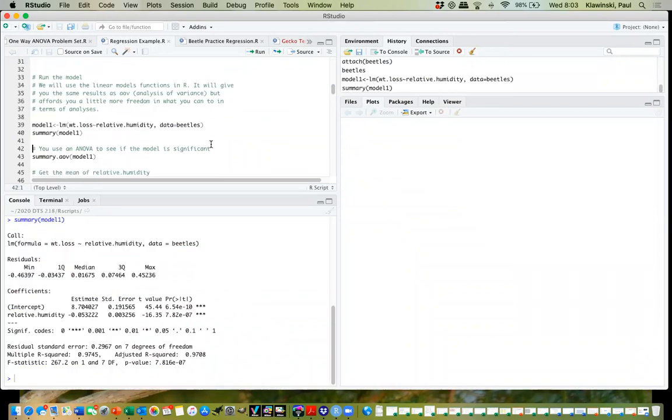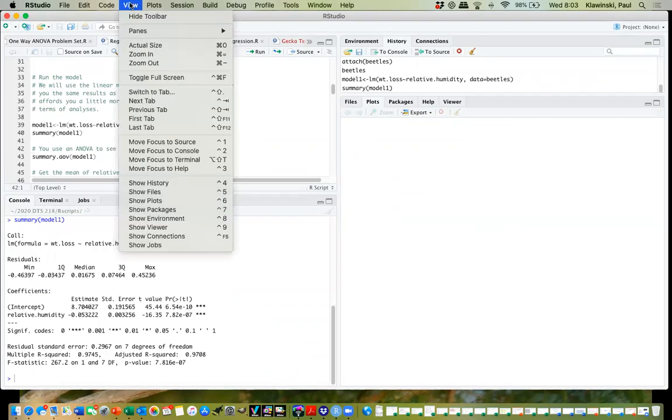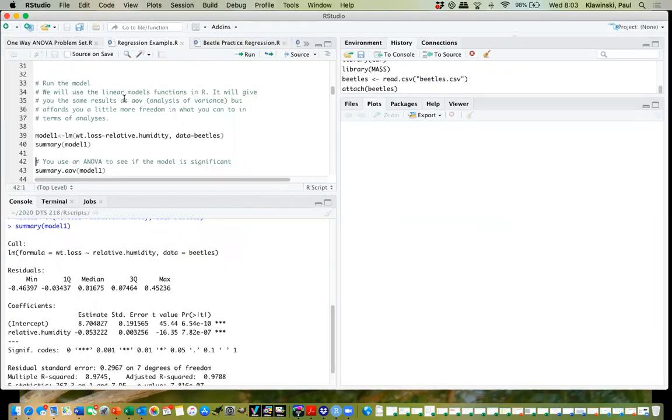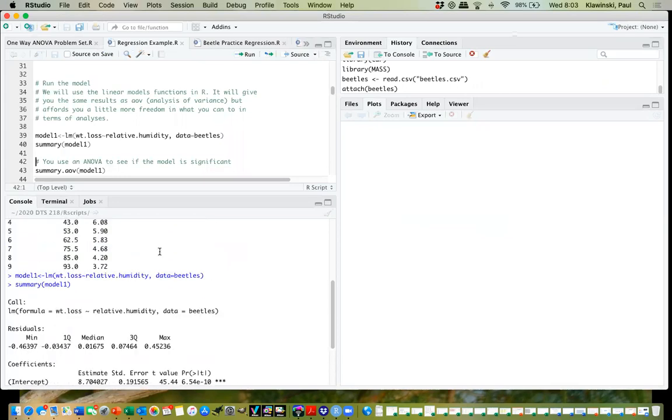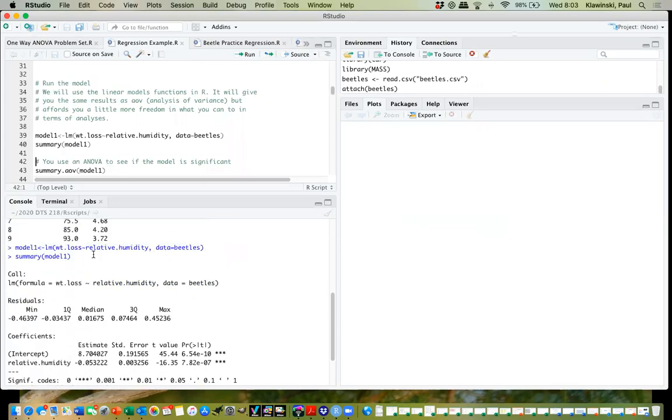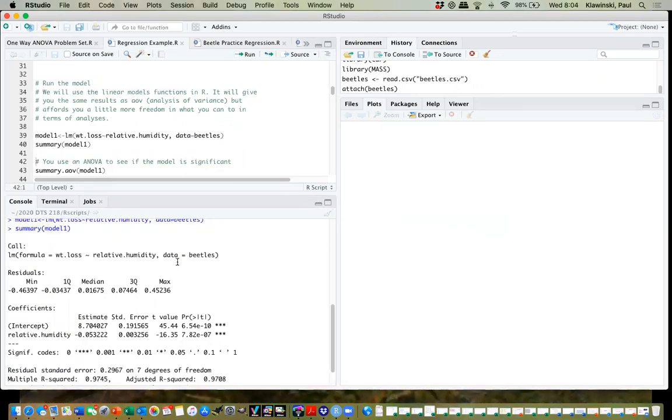I want you to pay attention to a couple of things. We've already seen this. Can you see the output clearly, or do I need to blow it up? I can see it. Okay. So normally you can once again access the model results one of two ways. One way is by typing summary, which gives you basically the equation for the line.